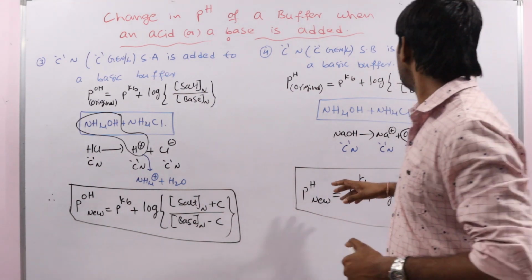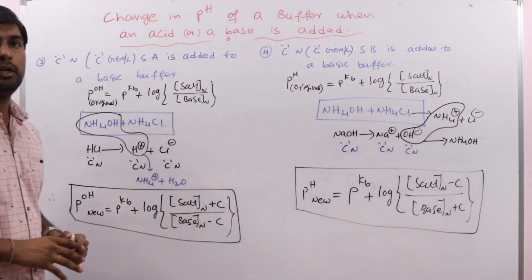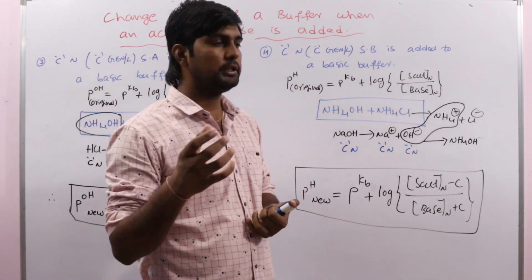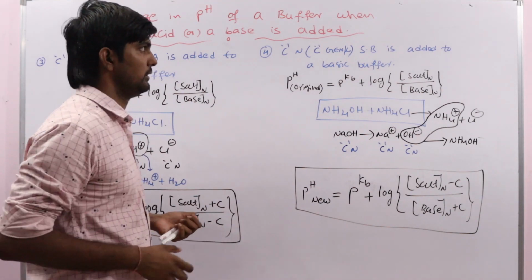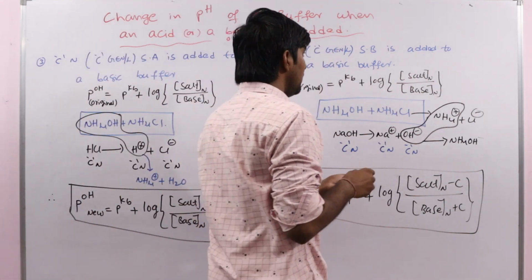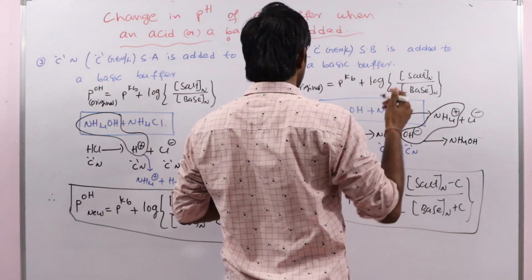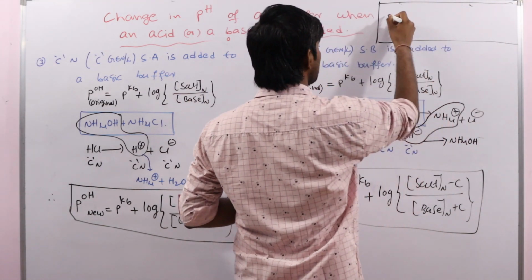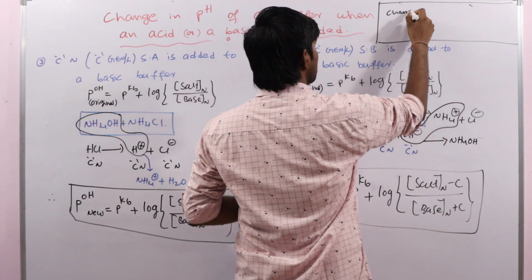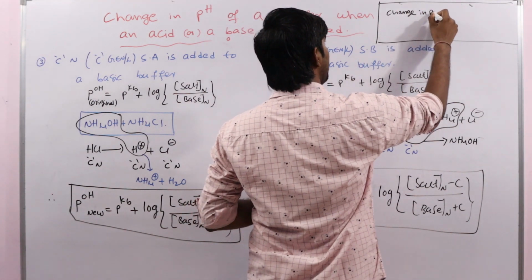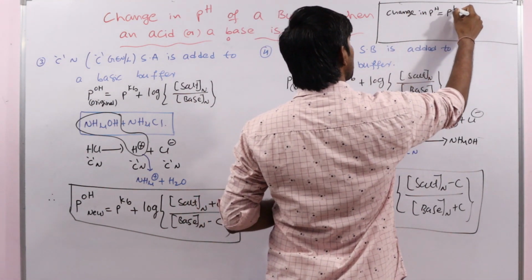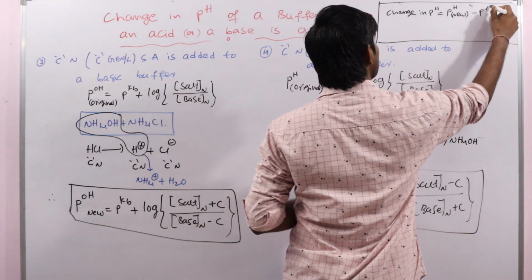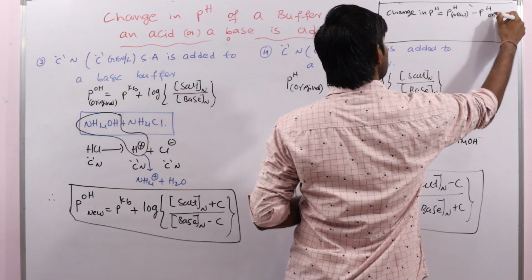Now after doing all these things, we have to calculate the change in pH. I will write here: change in pH is equal to pH new minus pH original.